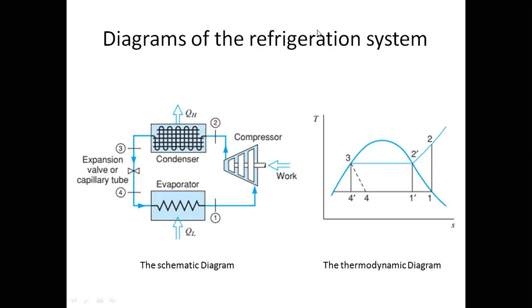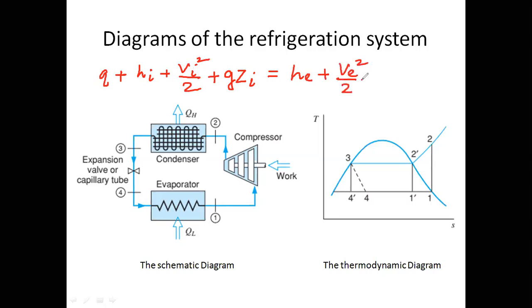So if we write the first law for the expansion valve or capillary tube, it will be q + hi + Vi²/2 + g zi = he + Ve²/2 + g ze + w.